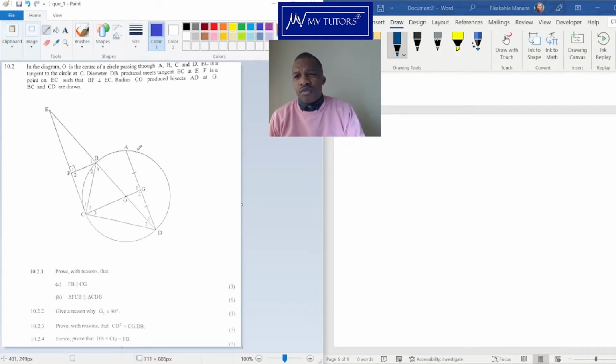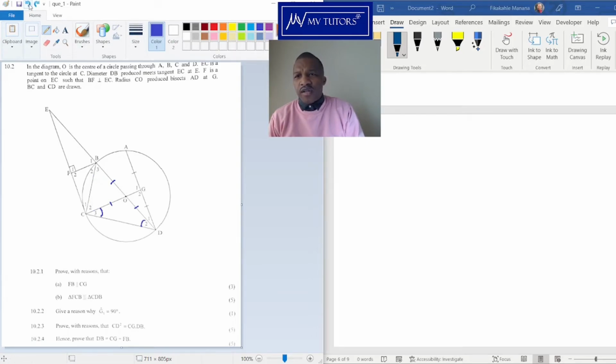Because O is the center, that line is a radius, that one is a radius, that one is a radius. If you have two radii, you have an isosceles triangle, which means that angle is equal to that one. Likewise, that angle is equal to that one. That's just the clue we get from O being a center.